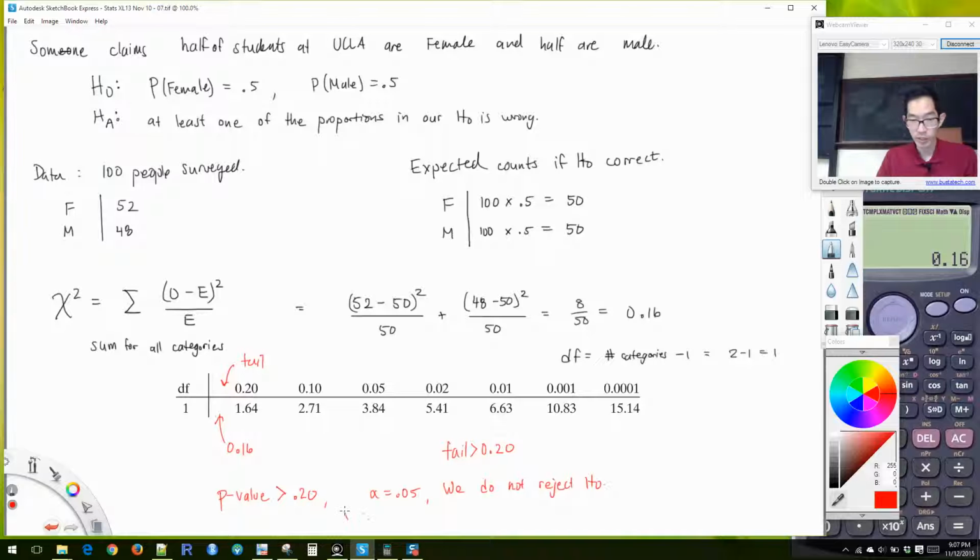And we say we have no evidence that the proportions in the null hypothesis are wrong, that the proportion of females and males at UCLA being 0.5.